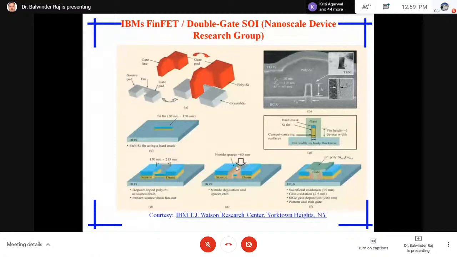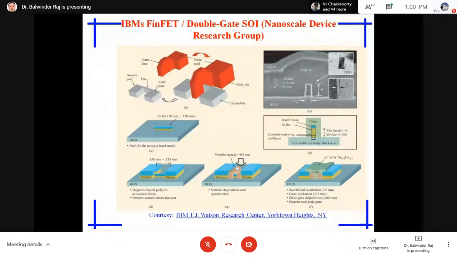In low cost devices for simple applications, this spacer may be silicon dioxide only, but for some critical applications where the performance is more critical, we apply this nitride spacer.